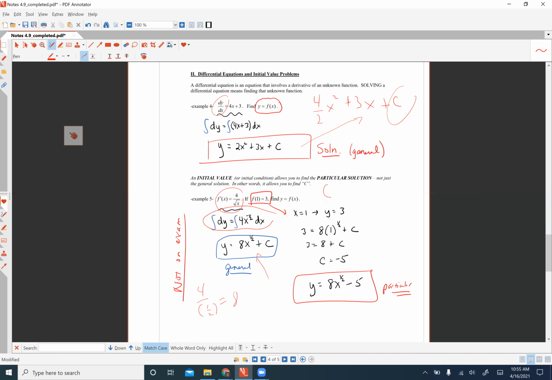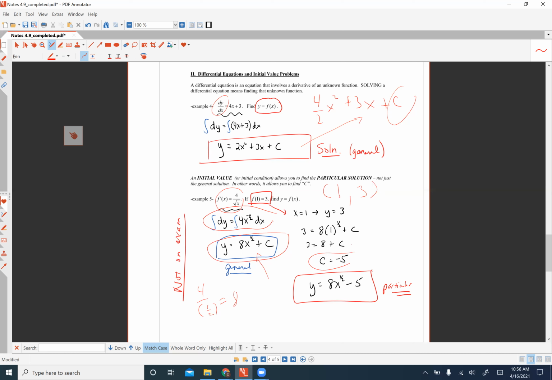The function whose derivative is 4 over the square root of x is 8 times the square root of x, and when we plug in 1, the y value should be 3. So we just solve this equation for c: 3 is equal to 8 plus c, so c is equal to negative 5.